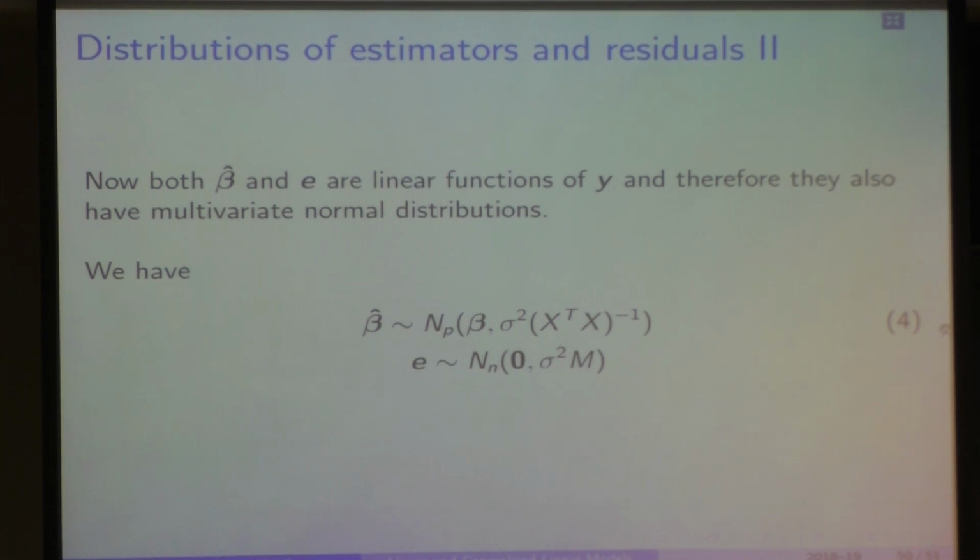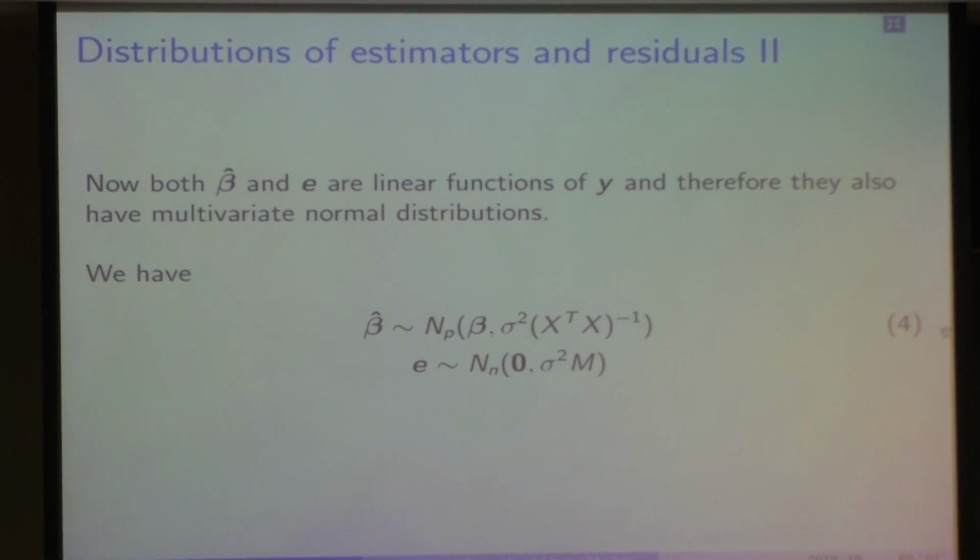Now, in fact, we already know the means and variances, so really the extra input here is that the distributions are normal. So beta hat has a p-dimensional normal distribution, its mean is beta, and that's its variance. The residuals, E, also have a multivariate normal distribution.